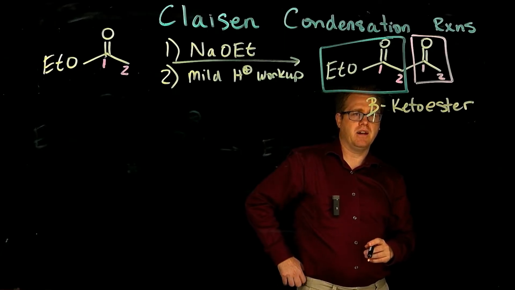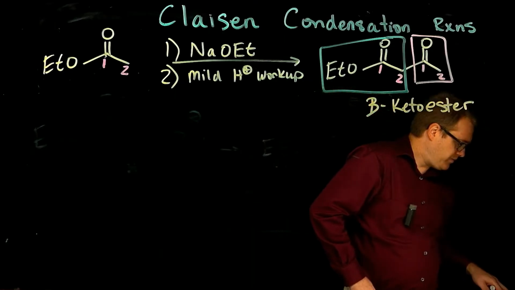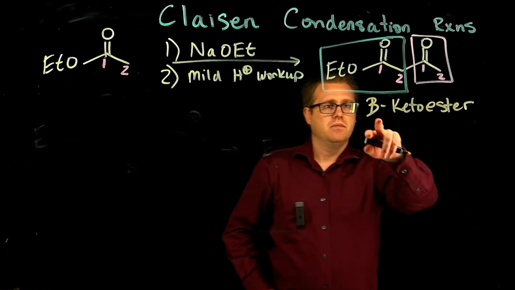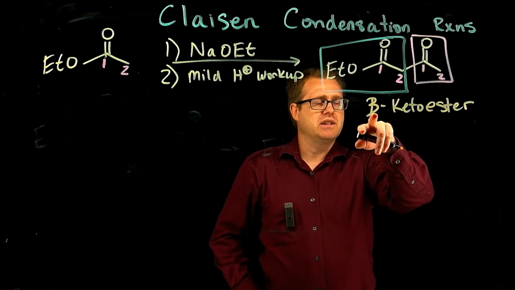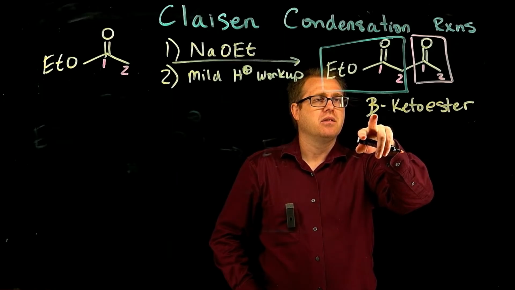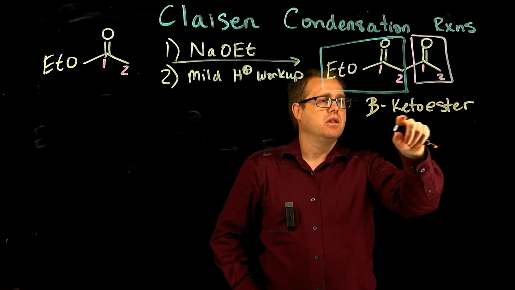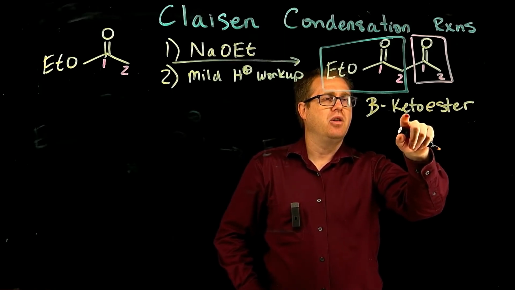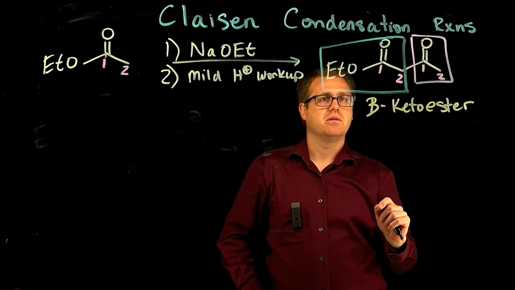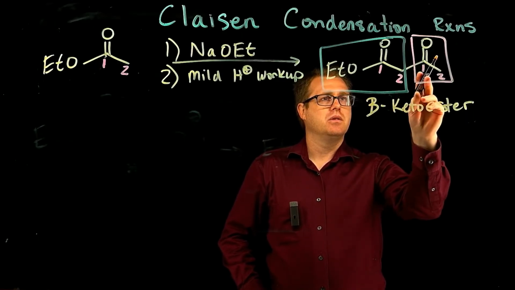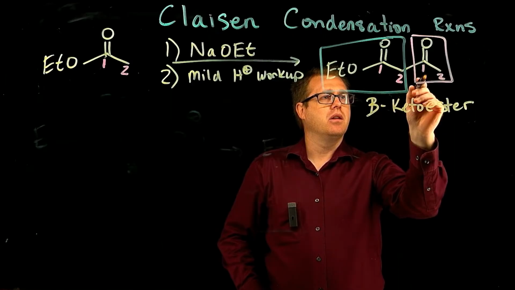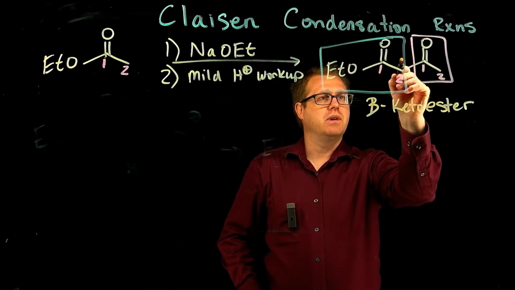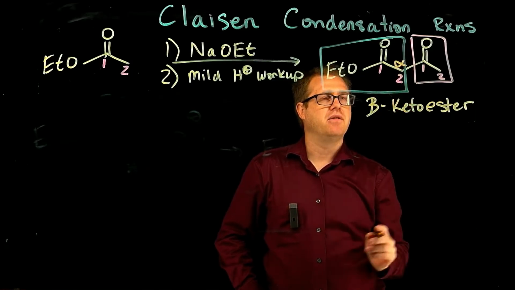So what we're doing here, so what's on the beta here? A beta keto ester. So what we have here is this is our alpha.